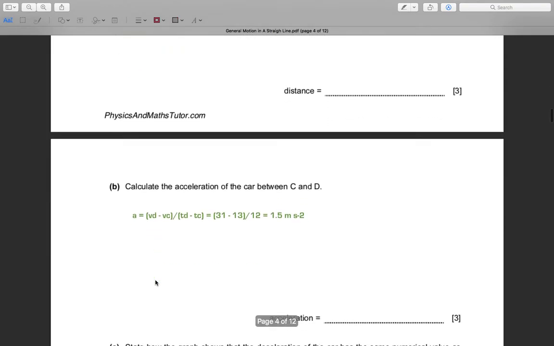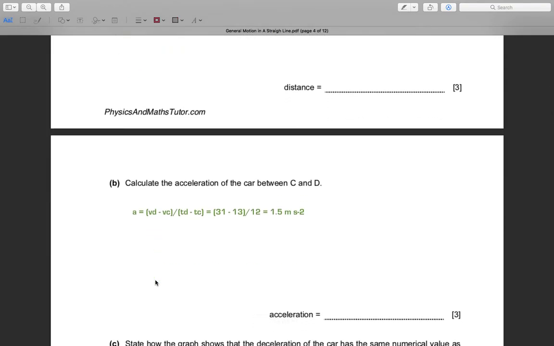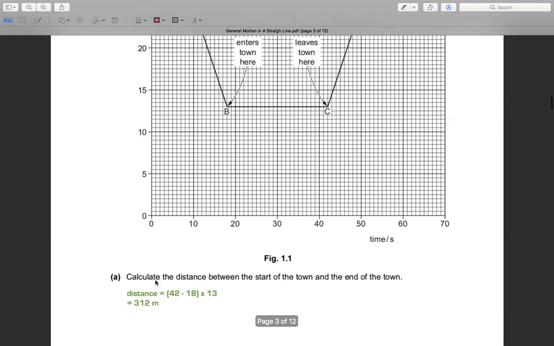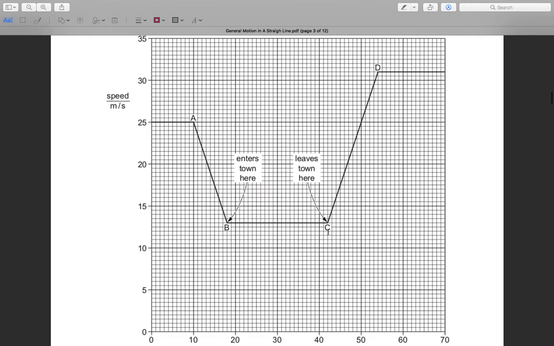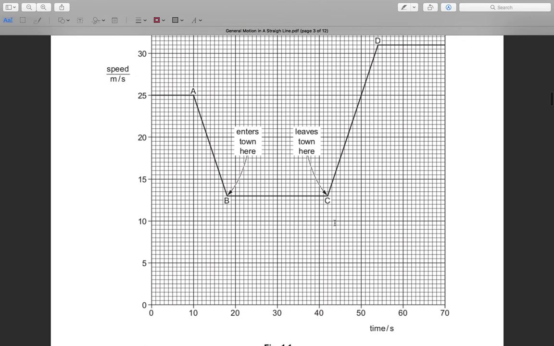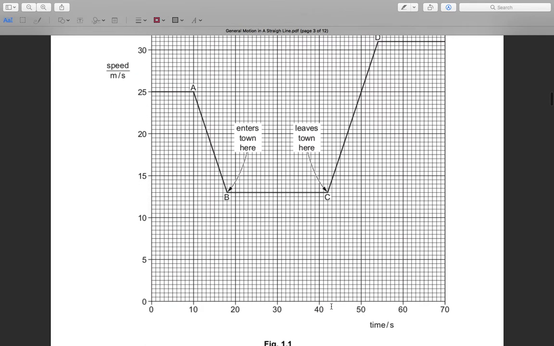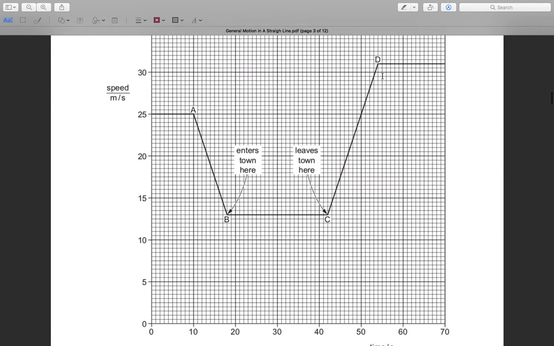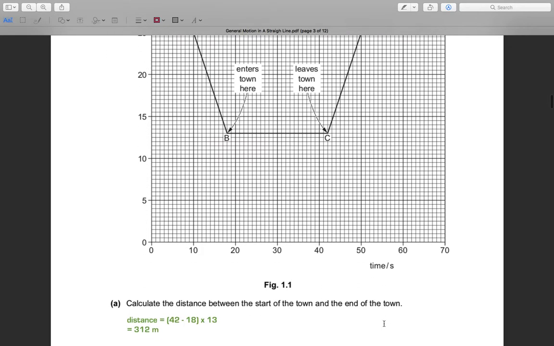Another question: calculate the acceleration of the car between C and D. Between C and D the car accelerates, starting from time 42 until time D, which I think is 50.